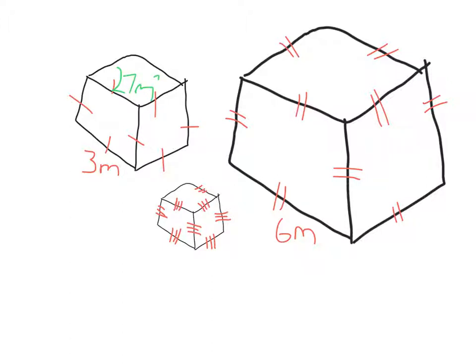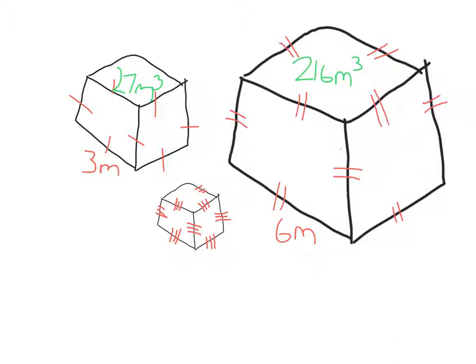So the volume of the larger cube, this one here, this will be 6 cubed, and 6 cubed is 216 meters cubed.